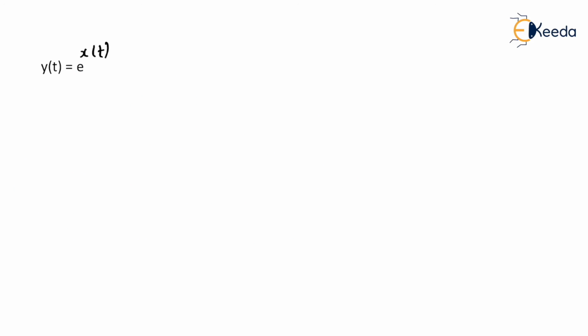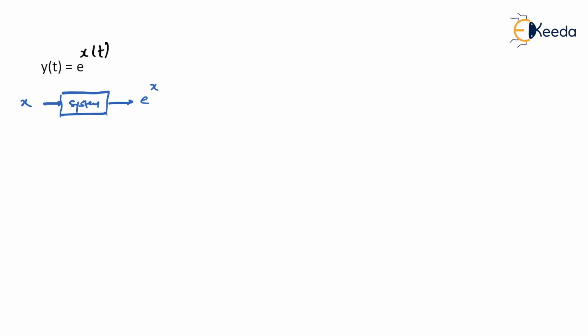Our next question says y of t is equal to e to the power x of t. As I said, before you start with the question, try to understand what this system really does. It is another system which takes input x and gives output as e to the power x.